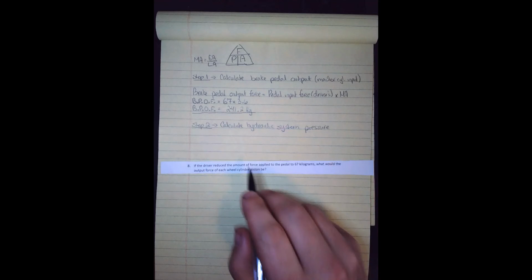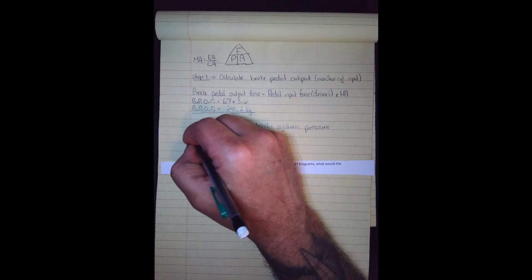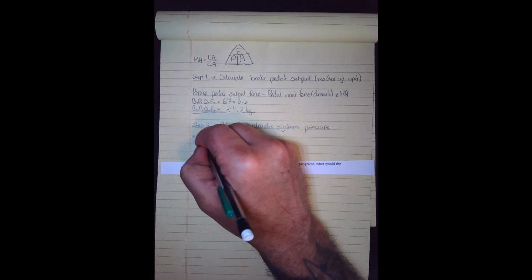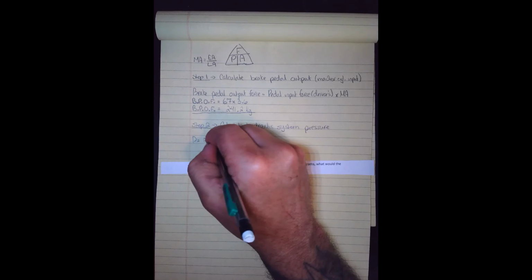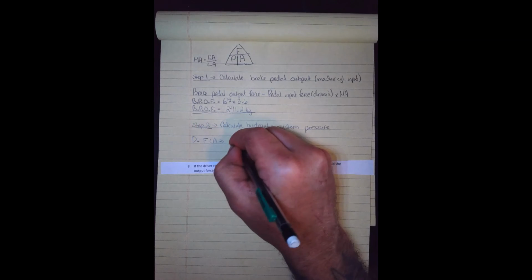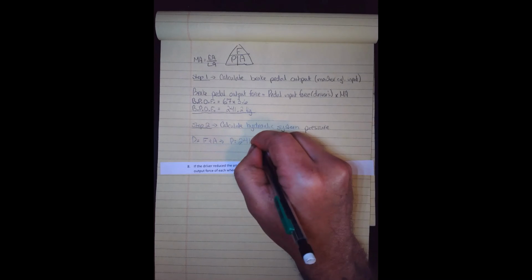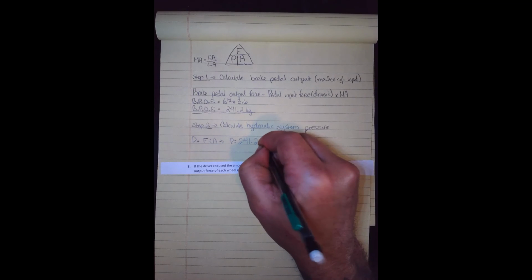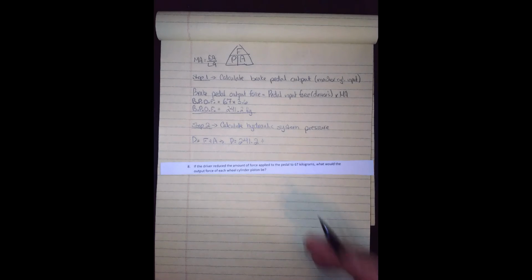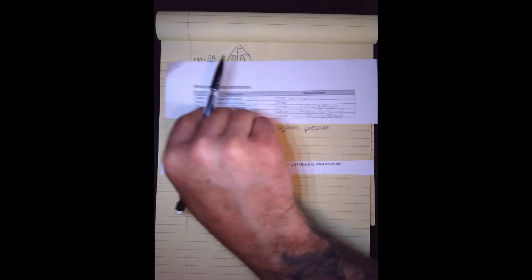Well, we know what the force is now. So P equals force divided by area, which is 241 kilograms, well, 241.2, divided by the master cylinder area, which we calculated already at 3.97.